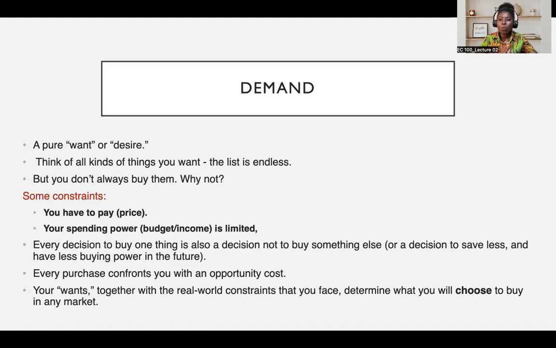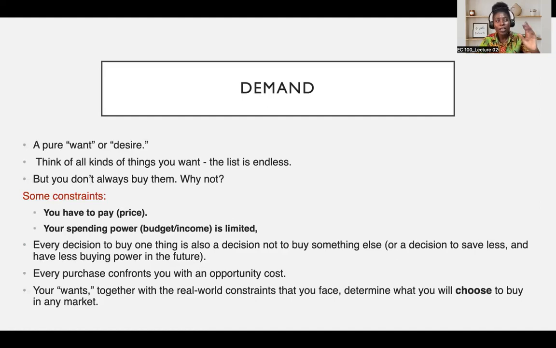Okay. So there are two things when we think about that. One is that you have to pay for that thing. The thing you want and desire, you can't just have it because it has a price. That price determines whether you can buy it or not. It determines your buying power. And the second thing is your spending power, which is limited by your budget.